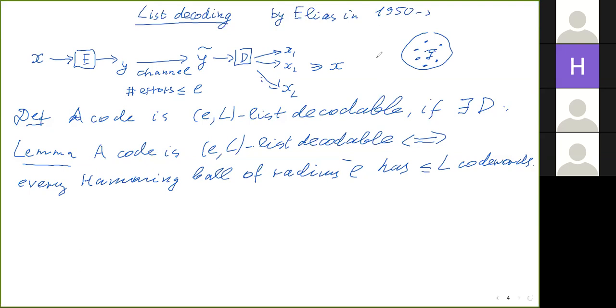So in combinatorial terms, this list decodability means that every Hamming ball has a small number of code words.